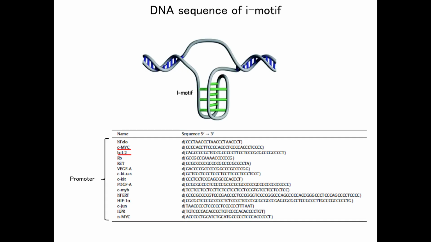This is an example of a sequence to form the i-motif. Especially this name means promoter, especially c-MYC and c-KIT, and c-MYC means oncogene promoter. The oncogene promoter has an i-motif forming structure.